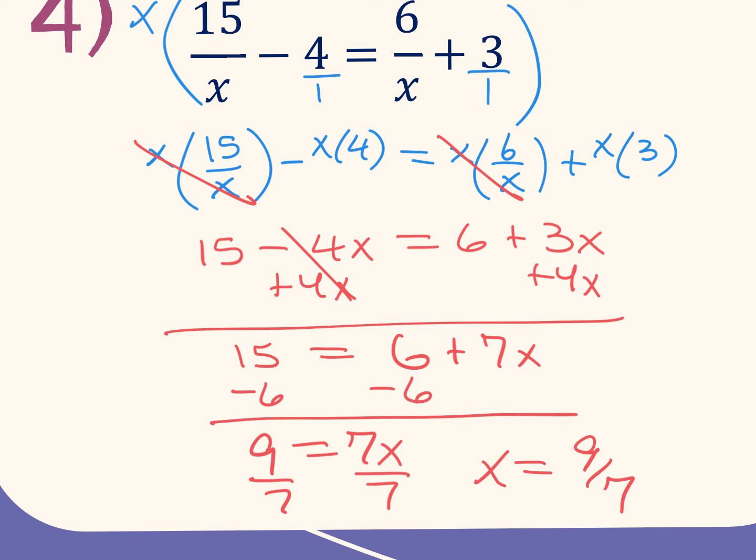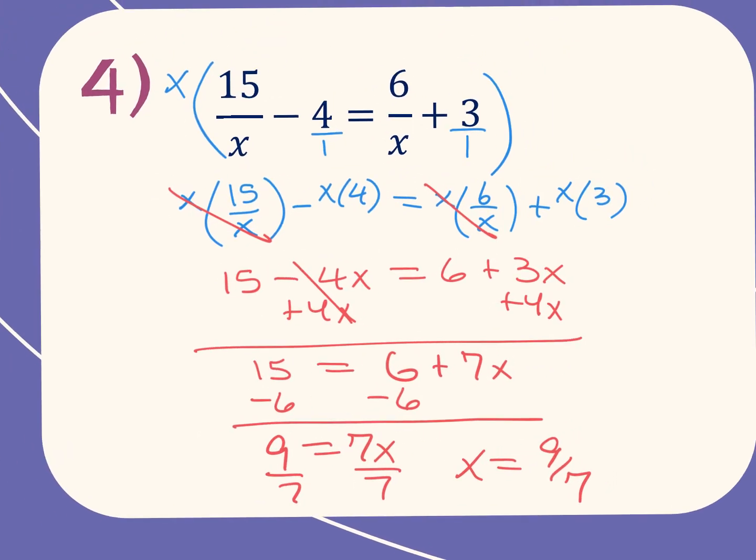Now, what I'm checking here is when I place this answer in the bottom of the fraction, I'm not trying to do the whole problem. You can, but what I'm trying to check to see is when I plug it in, if it makes the denominator 0, then this problem is undefined.